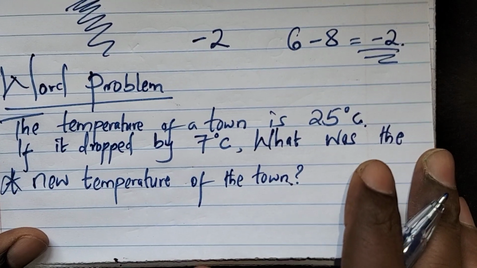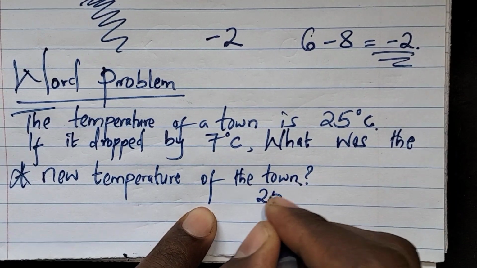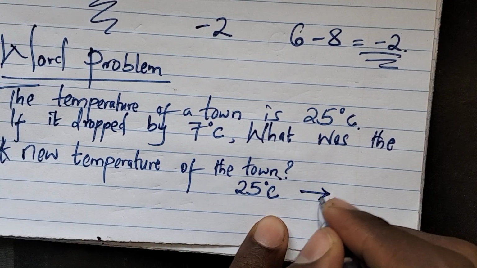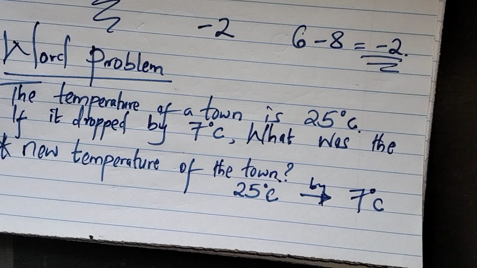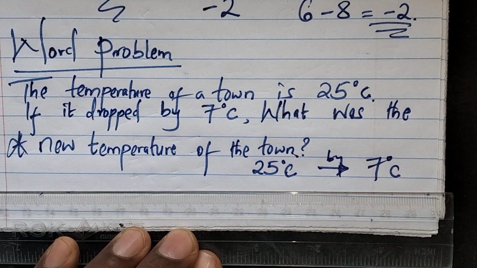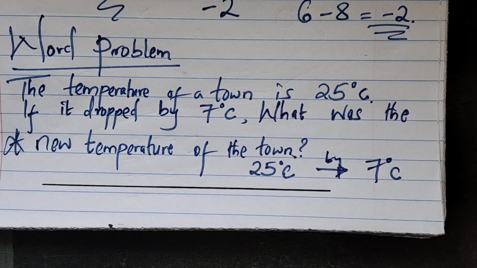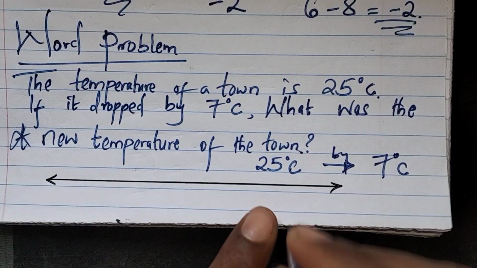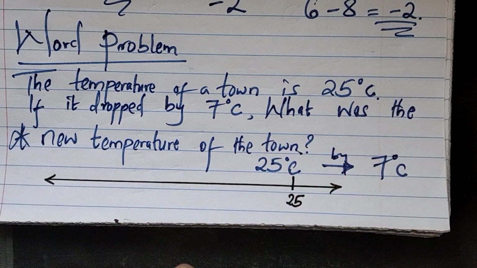Just as usual, we are being told it was 25 degrees centigrade, and it dropped by 7 degrees. So what we do as usual, we draw a number line, maybe using a black pen, with arrows on both ends. Then we calibrate it from 25 degrees, positive side only.